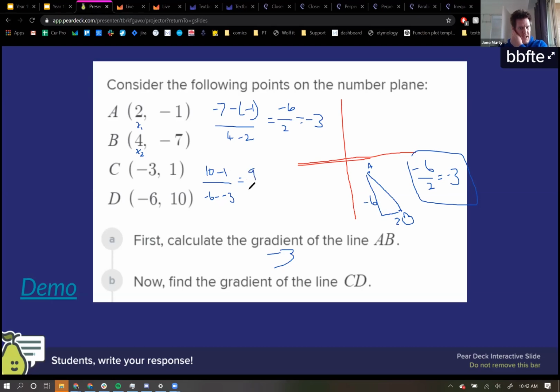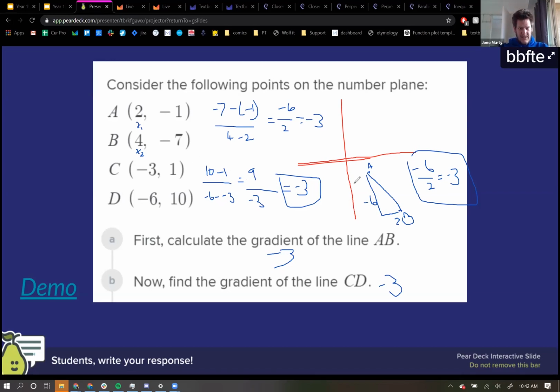That gives me 9 on -3, which is also equal to -3. So we should get a gradient of -3 for both of them.